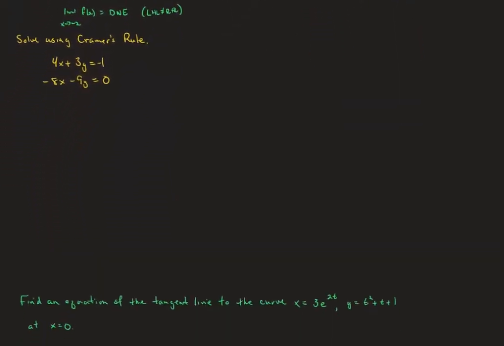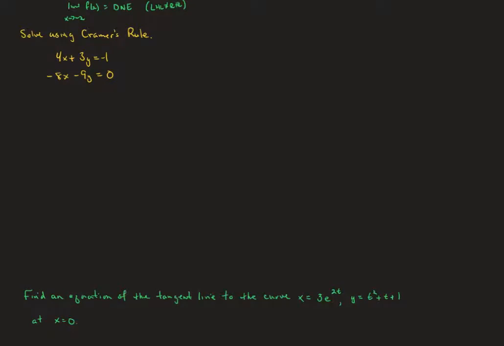Okay, Cramer's rule, if you recall, means that x will be Dx over D, the determinant of coefficients, and y is going to be Dy over D. And D, the determinant of coefficients, is going to be just the 4, 3, negative 8, negative 9.